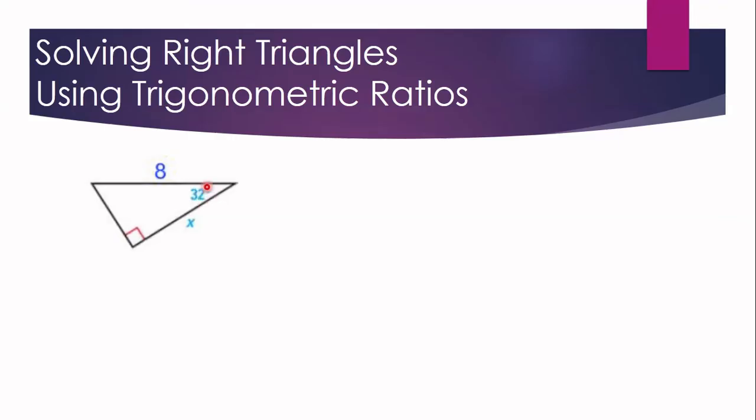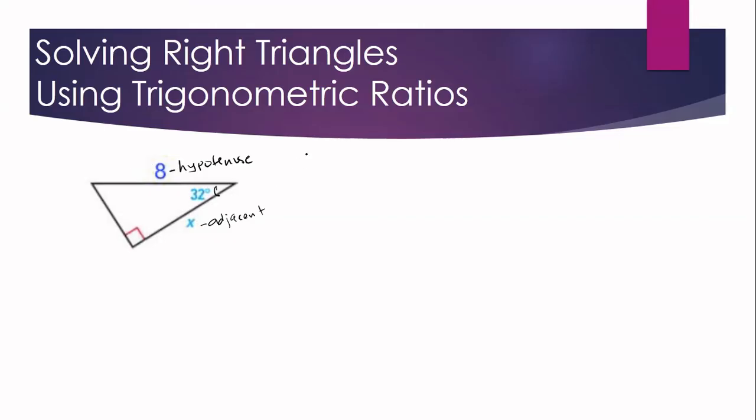And in relation to our acute angle 32, side x is what side? Is it the opposite or is it the adjacent side? Yes, side x is our adjacent side. And then again, this is our hypotenuse. So based on here, this is our theta or our angle. What ratio does our figure imply?